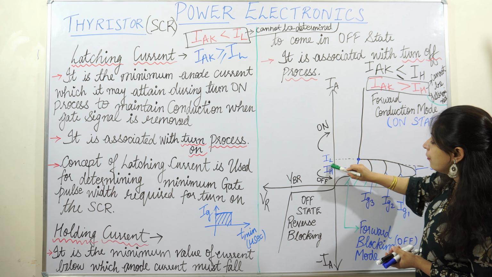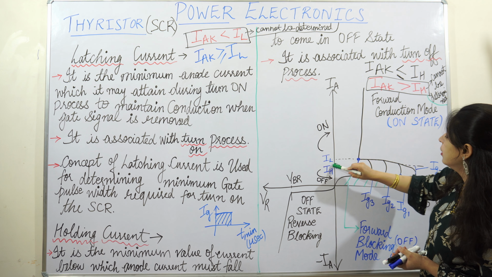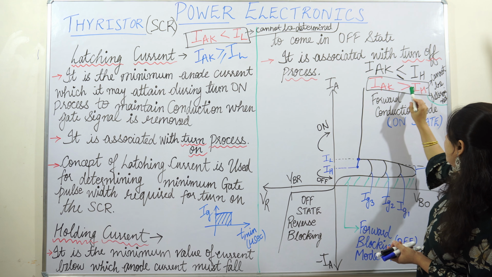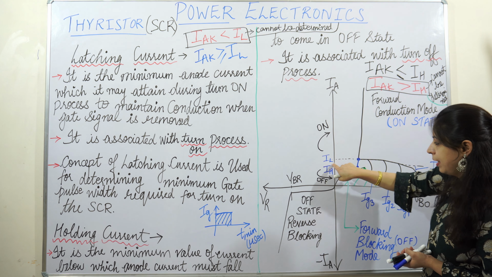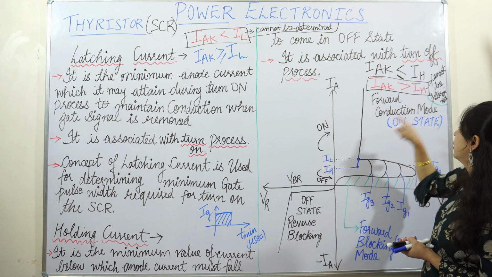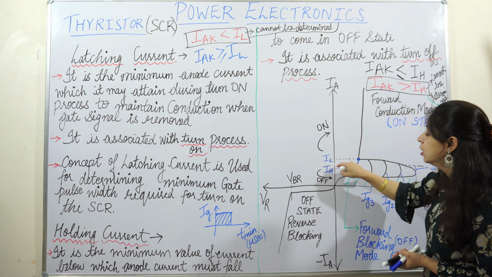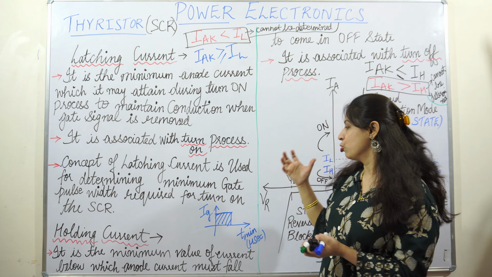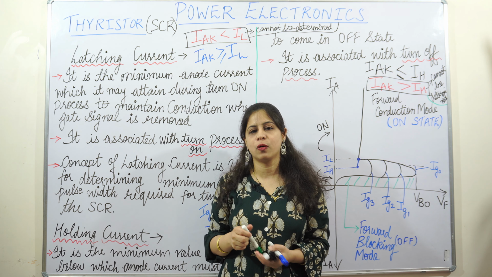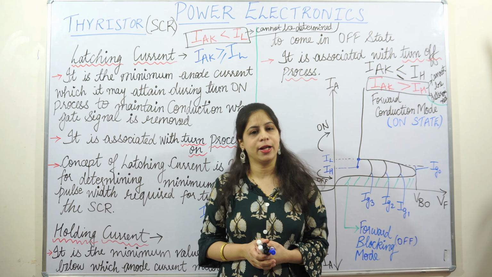But if our current is greater than the holding current, in that case we cannot determine the actual state of our SCR. So this was all about the concept of the holding current and the latching current.